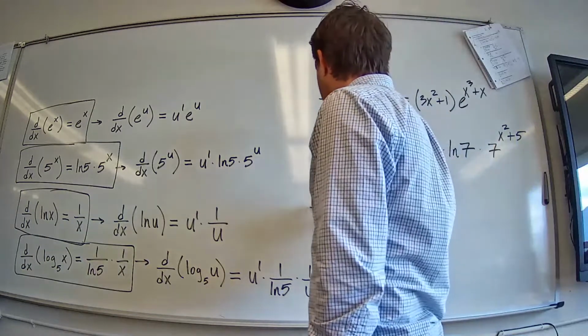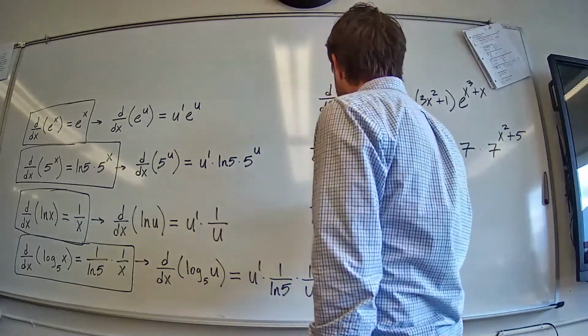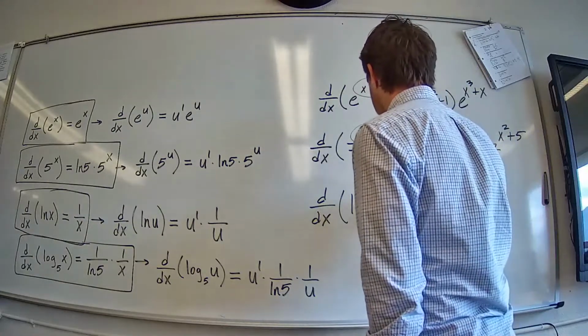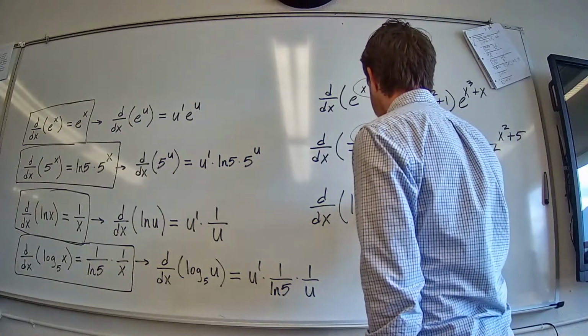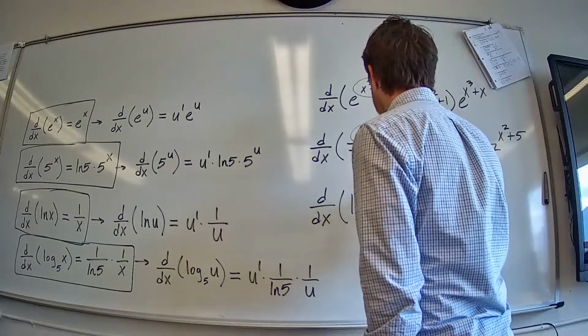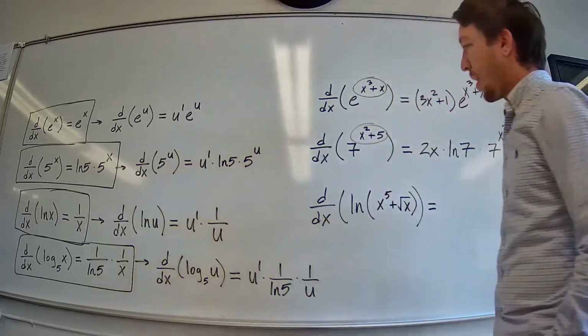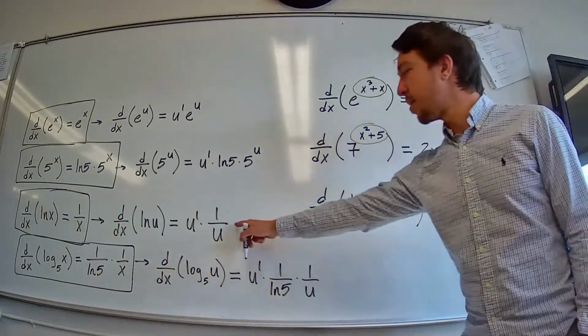And then what if you had the natural log of, let's make a weird one, x to the 5th plus the square root of x? Oh, scary. No, it's not so bad.